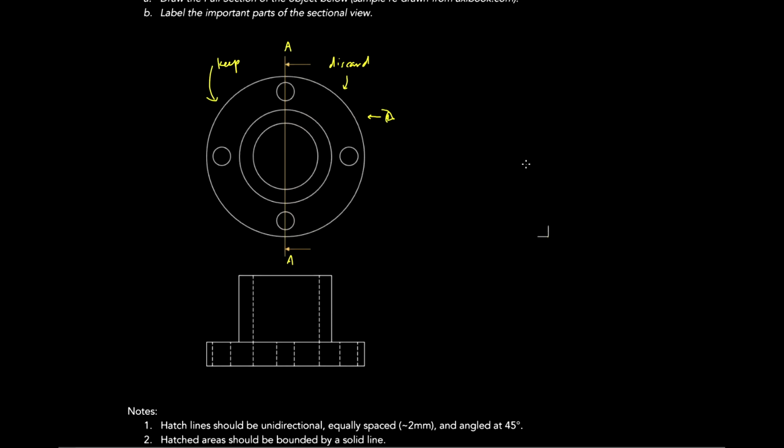Whatever we see in this view, we place here. Sometimes it gets confusing how to translate this view to this view, because sometimes it turns out to be flipped. Instead of something that looks like this, I'll just sketch it out, students sometimes draw it flipped, like that.